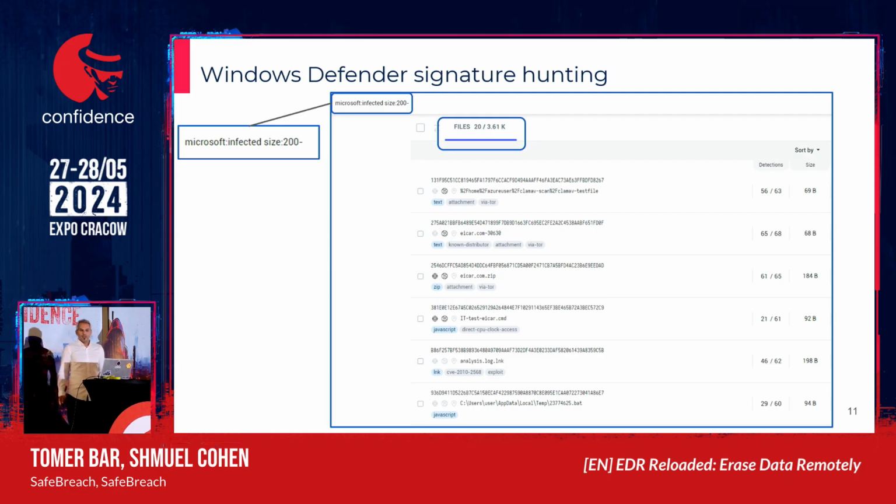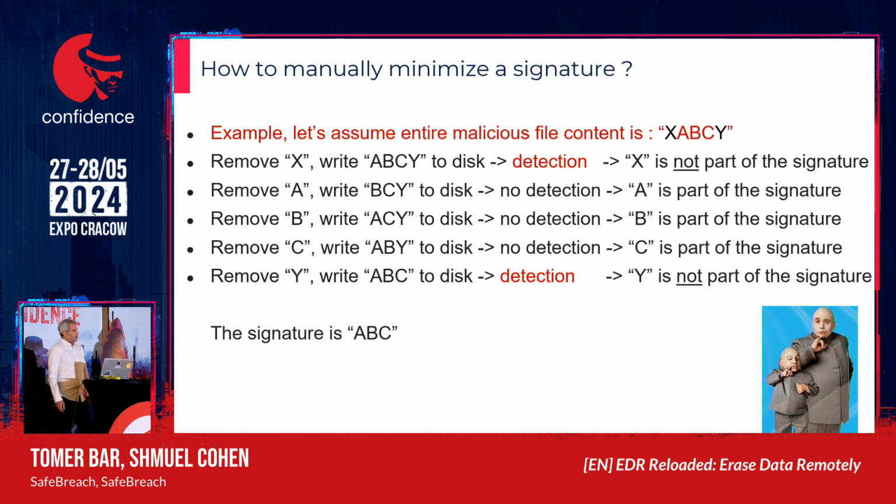For example, you can see this query for all detected malware by Microsoft, and we limit it to 200-byte size binaries. We ran the query and got 3,600 results. We decided to minimize each file to a minimal byte signature that will trigger Defender.